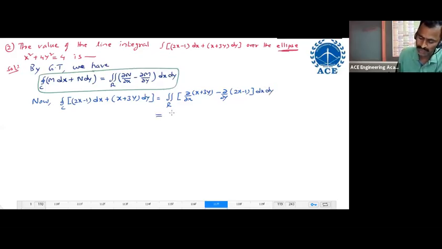This is equal to double integral over R of: x with respect to x is 1, 3y with respect to x is 0, so 1. And 2x minus 1 with respect to y is 0, so minus 0.